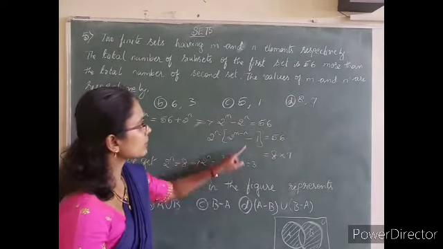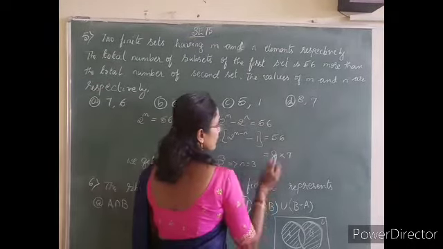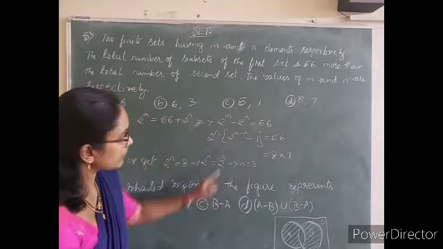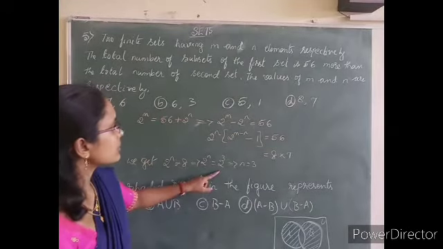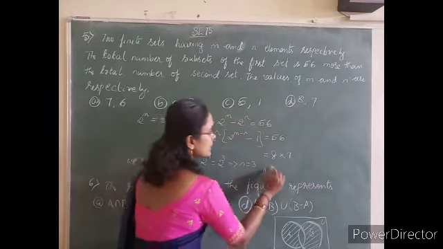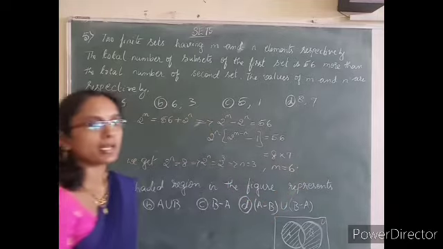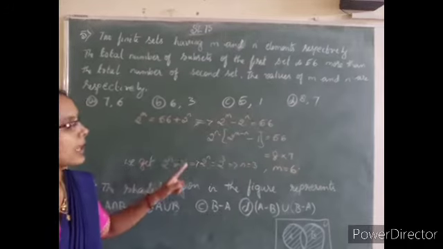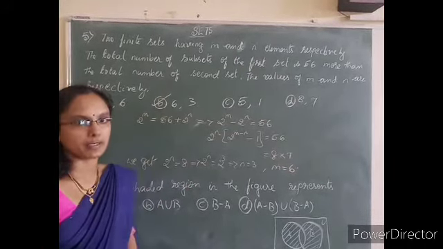Substitute n equal to 3 in the other factor: 2 to the power m minus n minus 1 is equal to 7. Comparing, we will get m is equal to 6. Therefore, the value of m is 6 and the value of n is 3. The option is B here.